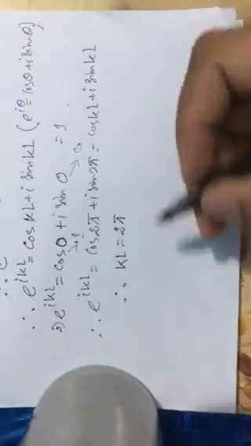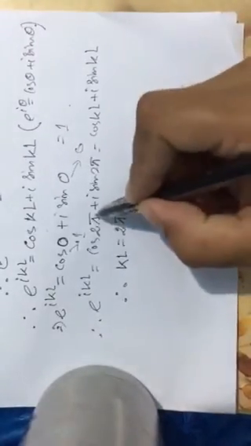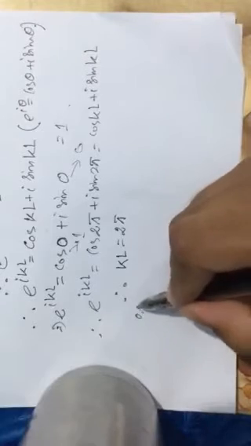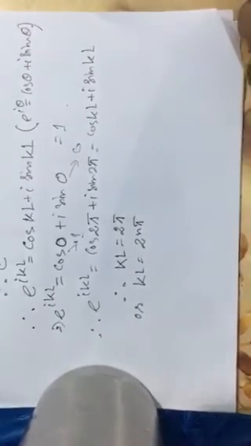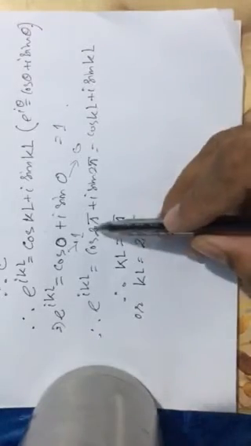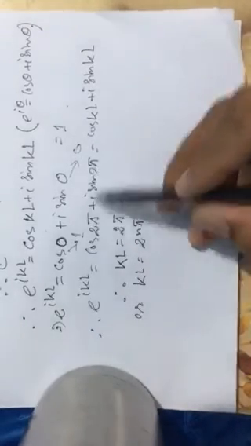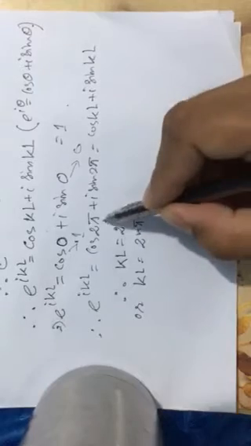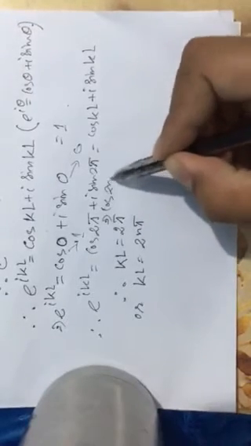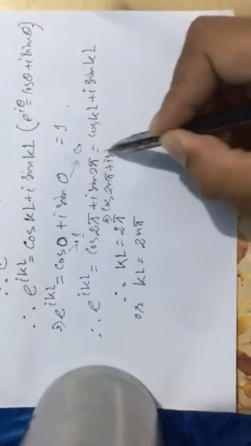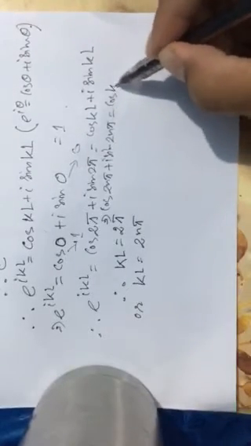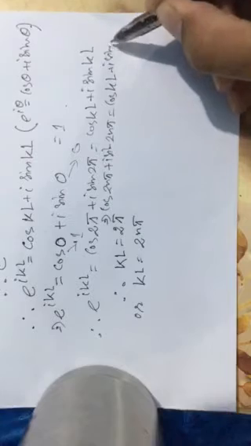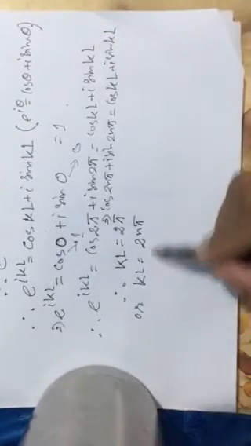Or we can write any integer, that is kL is equal to 2n pi, because you can multiply any number n here. So cos 2n pi plus i sin 2n pi is equal to cos kL plus i sin kL, right?